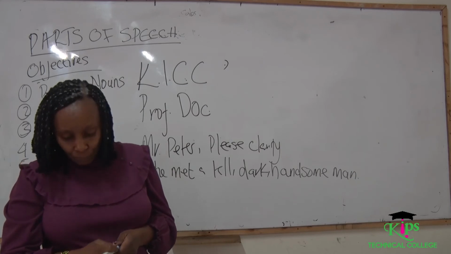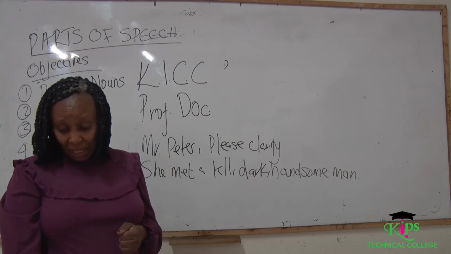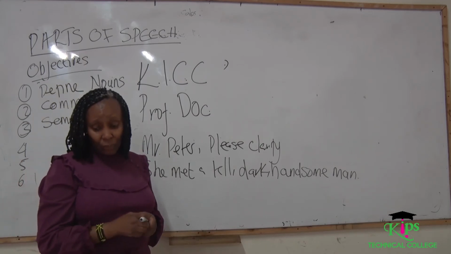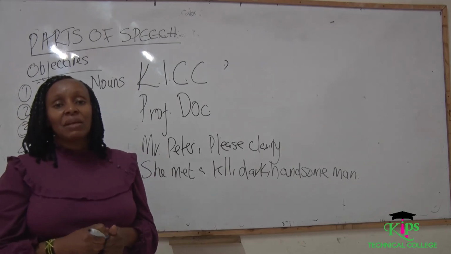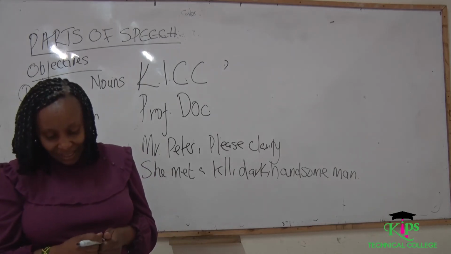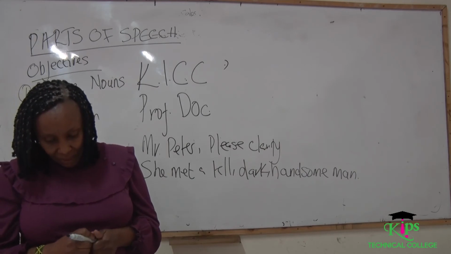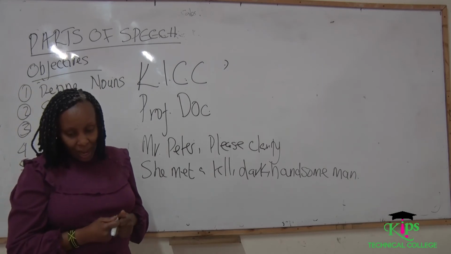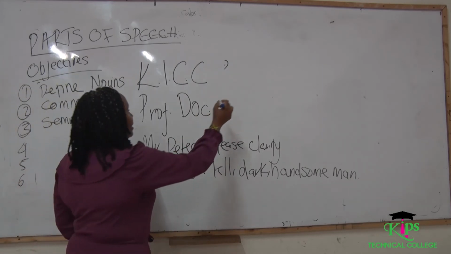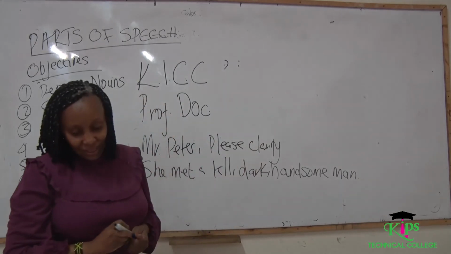For example, if sentences are so closely related in meaning that it is not desirable to separate them by a full stop, they are separated by a semicolon. For example, you can say the meeting was attended by so and so, and then you indicate a semicolon at the end of that sentence.